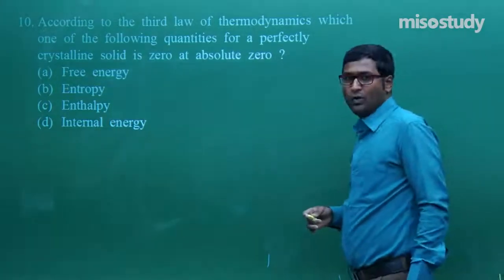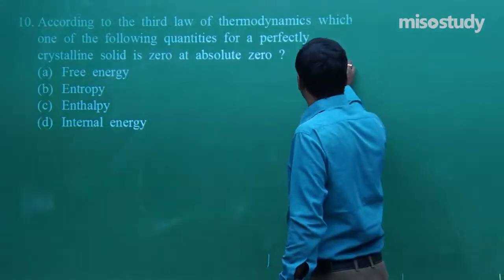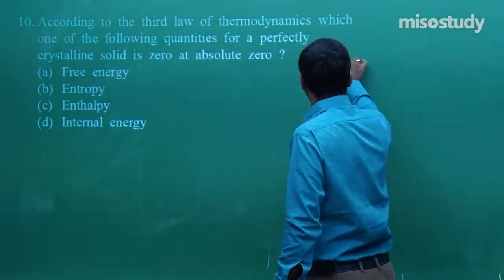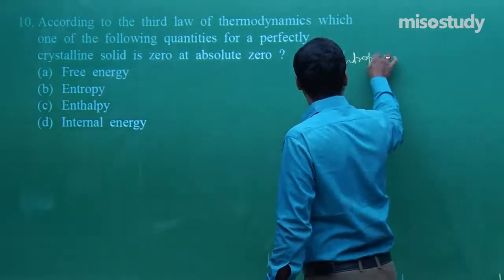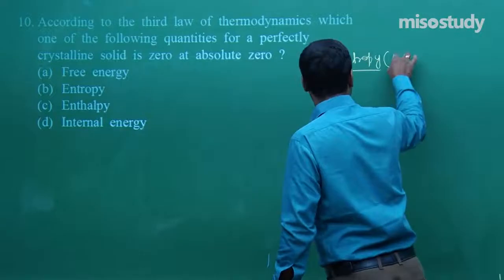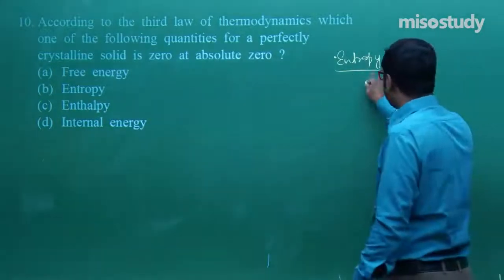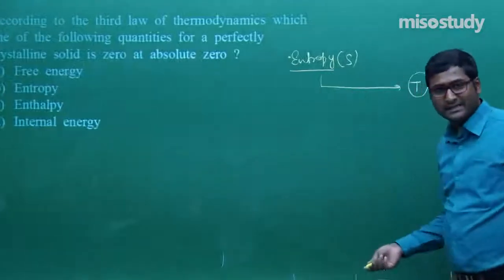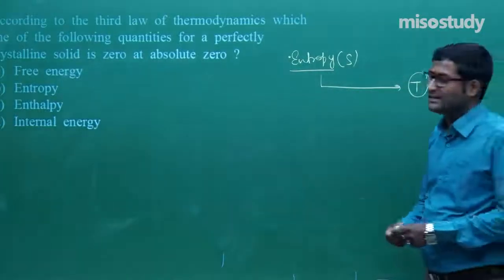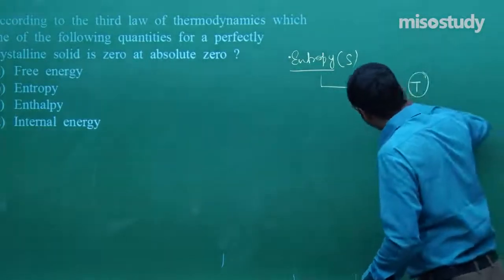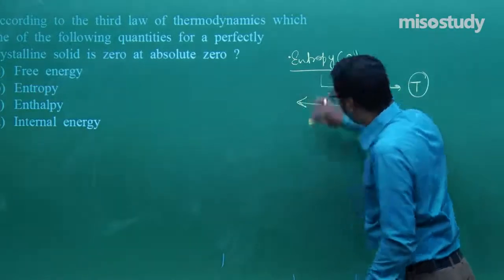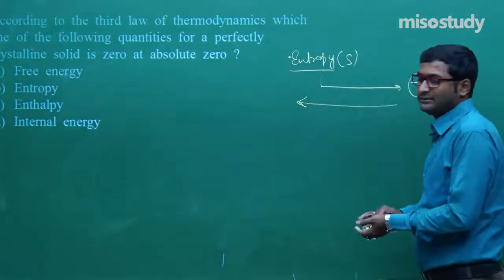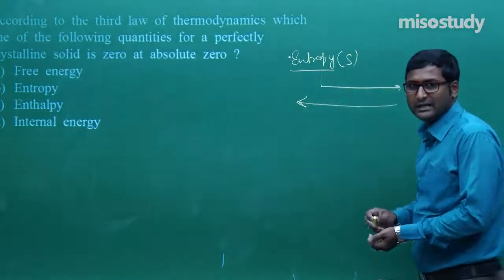As we all know, entropy is the measure of randomness. Clear? If the temperature increases, we know that randomness increases, then entropy increases. But if the temperature decreases, then randomness decreases and the entropy also decreases.